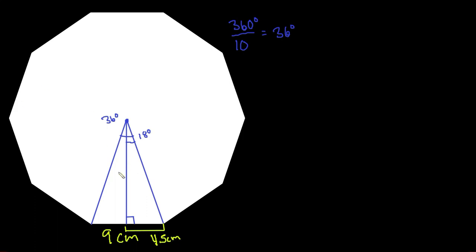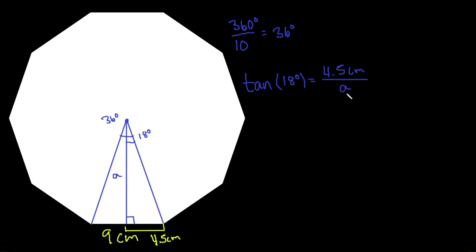And we're looking for the apothem. So remember, we have an angle. We know the side that's opposite of that angle, and we're looking for the side that's adjacent to that angle. So we're going to use tangent again. Tangent of 18 equals our opposite, 4.5, divided by our adjacent, which is the side we're looking for.